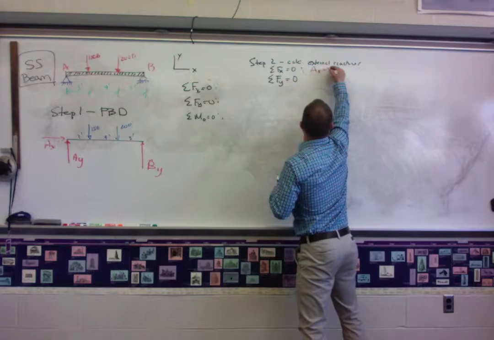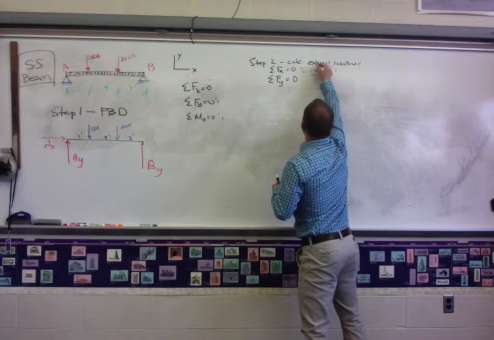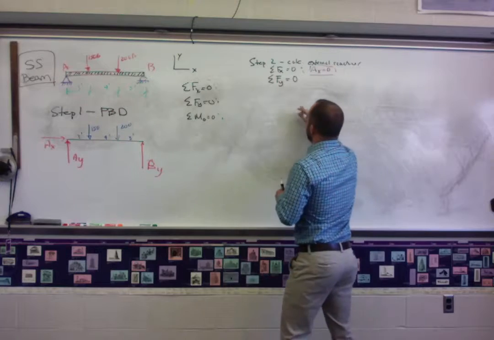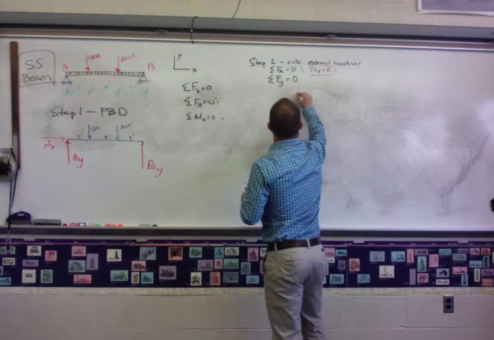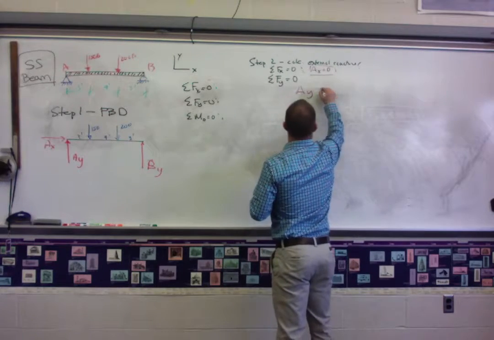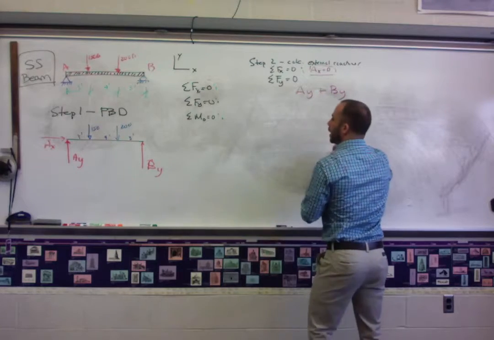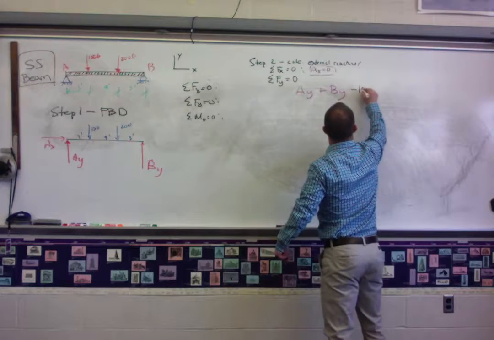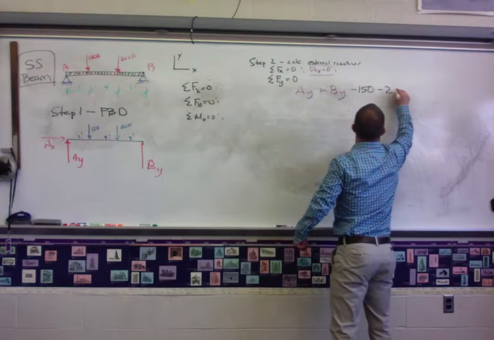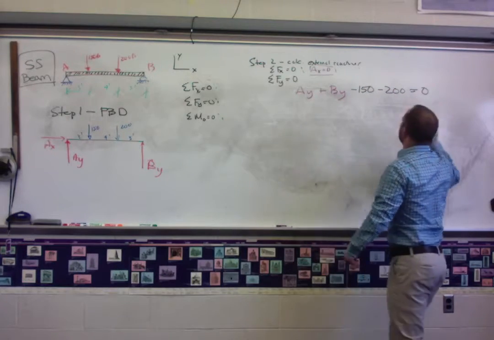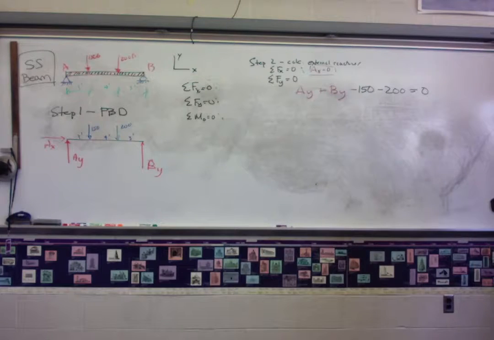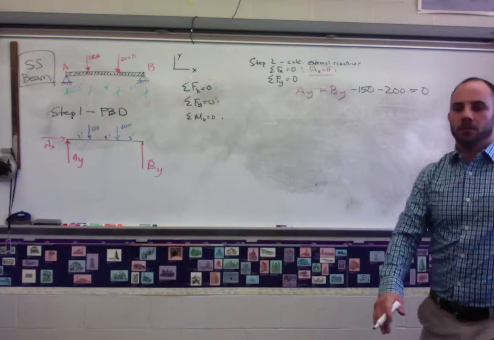So AX is equal to 0. Now, sum of the forces in the Y. AY plus BY minus 150 minus 200 equal to 0. Okay? Cody, you alright with that? Yeah.